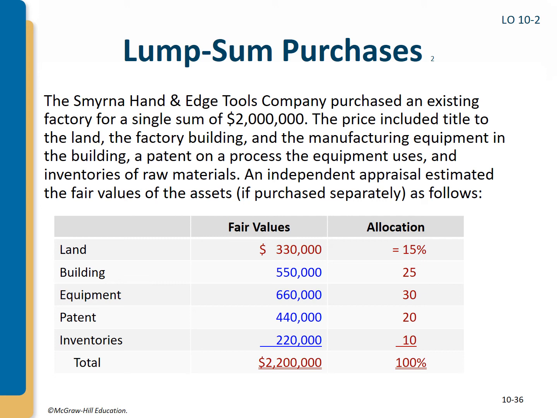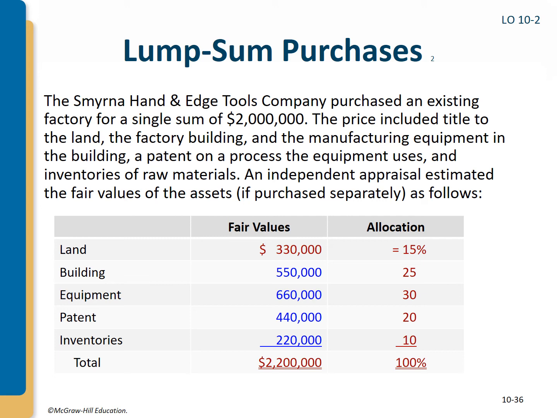So that's the first thing you do. If I just bought this asset, how much would I have paid for it? So the land, you would have paid $330,000, the building $550,000, the equipment $660,000, the patent $440,000, and the inventory is $220,000. So if you bought these individually, you would have paid a total, add them all up, of $2,200,000. But because you bought them packaged together, it only cost you $2 million.